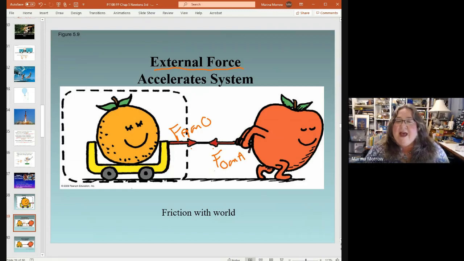And so the apple will still be able to go forward if he can find another force that's bigger in the other direction. So the apple pushes on the earth and the earth pushes on the apple. And that provides the apple with two forces. And so he digs in his feet, pushes hard, and he can pull the orange. Okay?